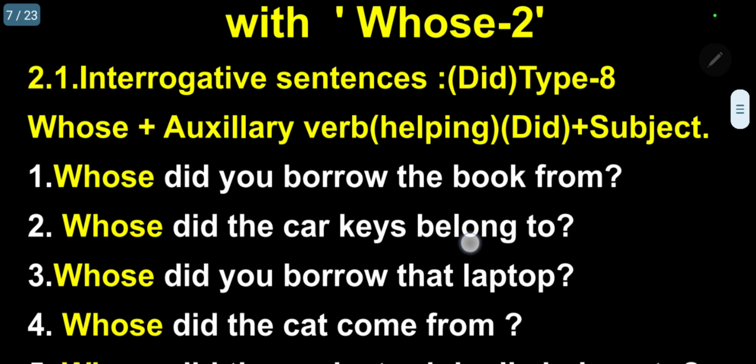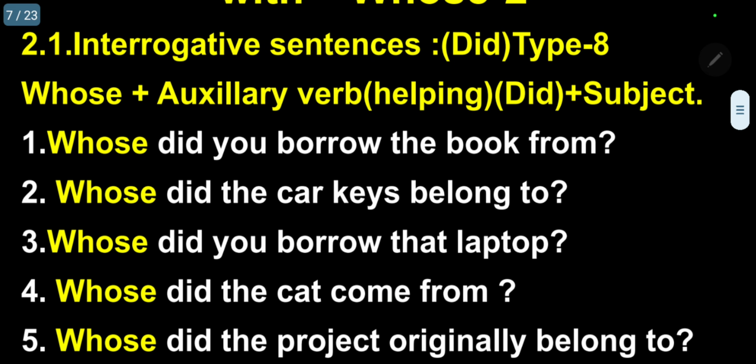Now I'll go to the past tense. Whether it is do or does, the past tense is did, common to both. So using did, I can raise a question. Whose did you borrow the book from? இந்த புத்தகத்தை நீ யாரிடமிருந்து வாங்கினாய்?